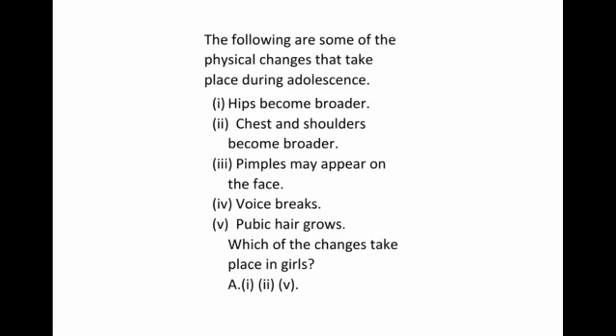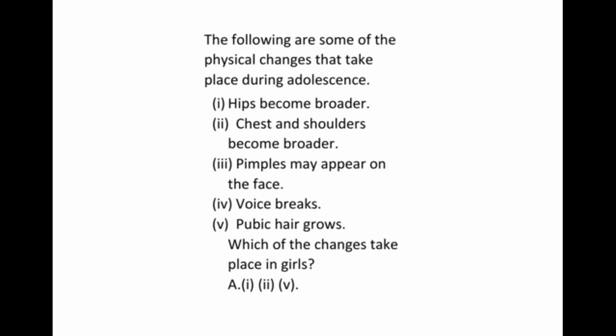The following are some of the physical changes that take place during adolescence. Hips become broader, chest and shoulders become broader, pimples may appear on the face, voice breaks, pubic hair grows. Which of these changes take place in girls? So we have physical changes that occur to adolescents during the adolescent stages.